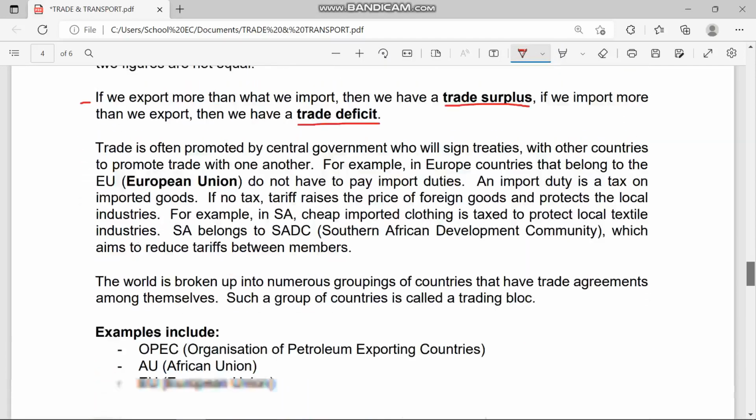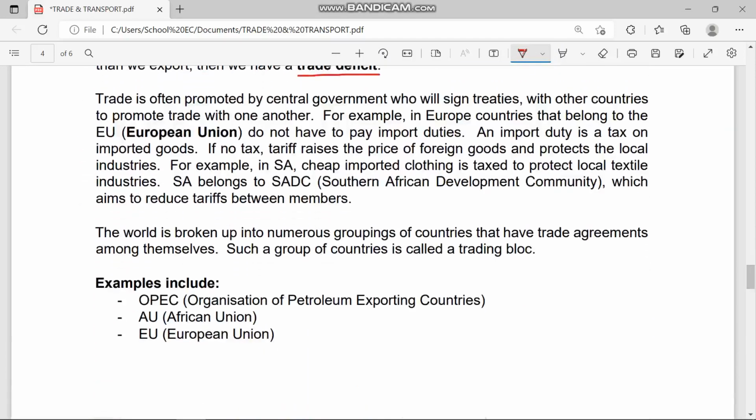Okay, let's go down. Trade is often promoted by central government, which will sign treaties. In these treaties there are rules and regulations for trading between countries. So government is responsible for signing these treaties with other countries to promote trade with one another.